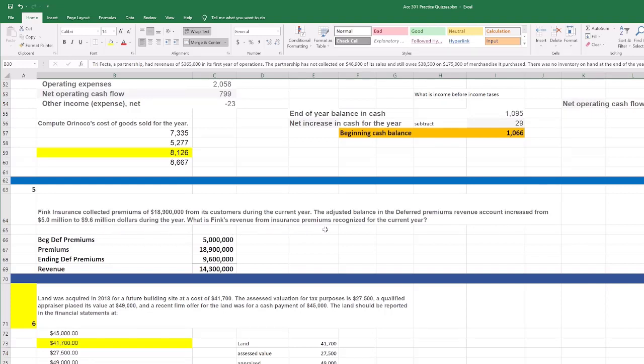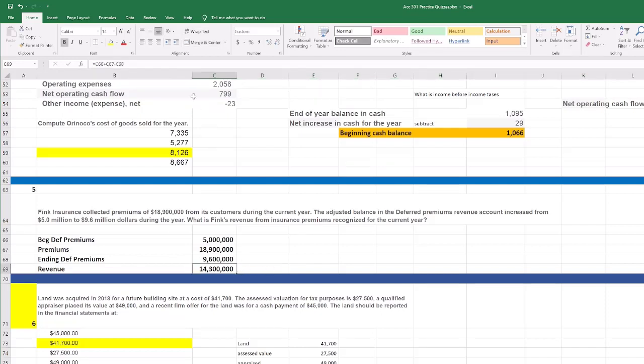What was Fink's revenue from the insurance premiums? We're going to take beginning premiums of $5 million, add the premiums that we collected of $18.9 million, and then subtract our ending premiums of $9.6 million, giving us total revenue of $14.3 million. Make sense? All right. So some of this is premiums collected from last year, and maybe some of this is premiums for next year. Therefore, it's not pure income.